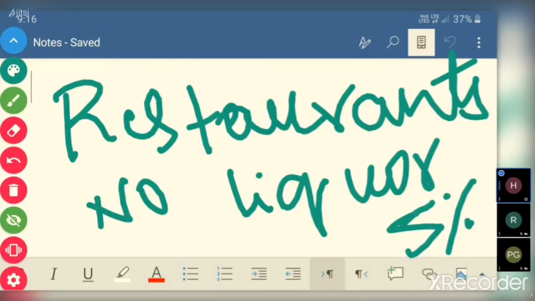So 105 will be the output value. In that, 5 rupees they have to remit to the government. Again here, tax on input will not be available for set off against this 5%. So composite scheme for restaurants which do not sell liquor is 5%.